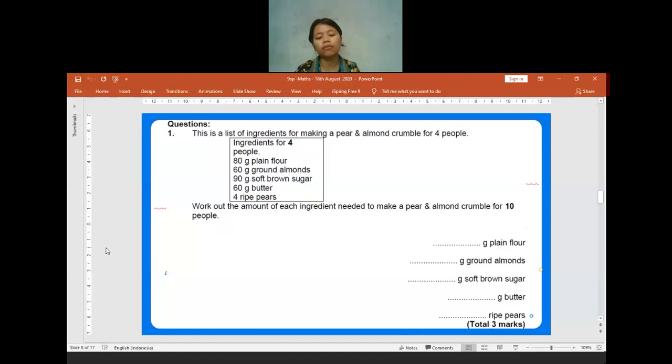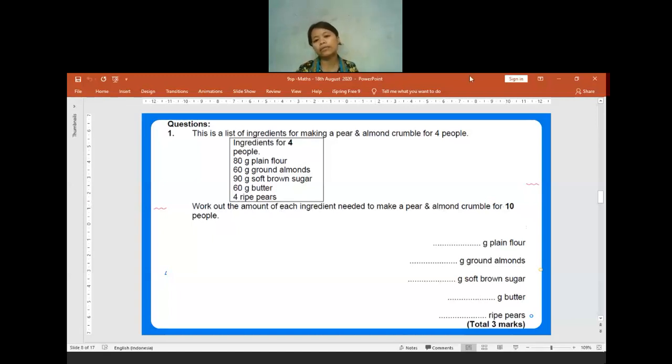There is an ingredient list for 4 people making a pear and almond crumble. It needs 80 gram plain flour, 60 gram ground almonds, 90 grams of brown sugar, 60 gram of butter, and then 4 ripe pears. Now we need to find the ingredients if there are 10 people.